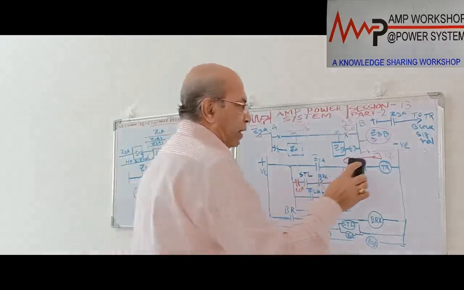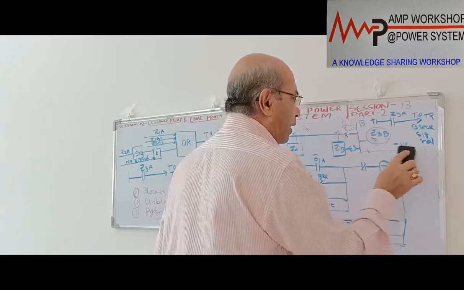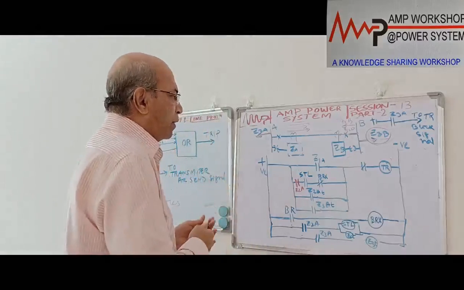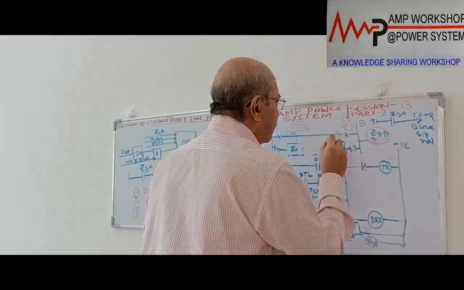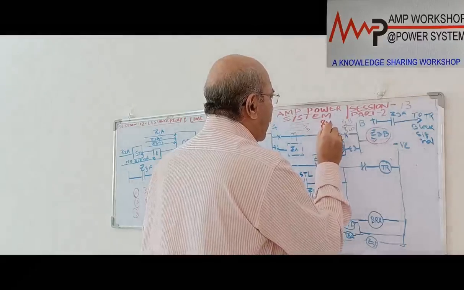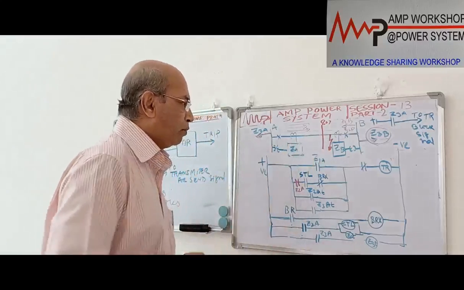Now, how is it happening? To save some time, I have drawn it in advance. Let us consider how it is happening. Suppose there is a fault over here, an end zone fault, at the end. Suppose this is 80% of the line, and after the 80%, near station B, there is a fault. Then what will happen?